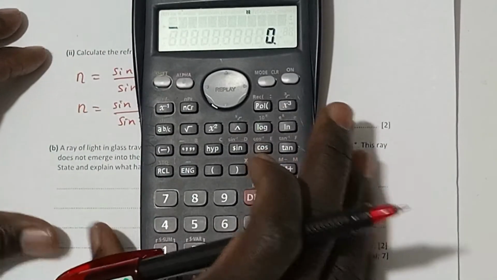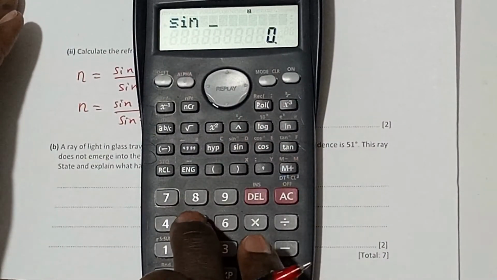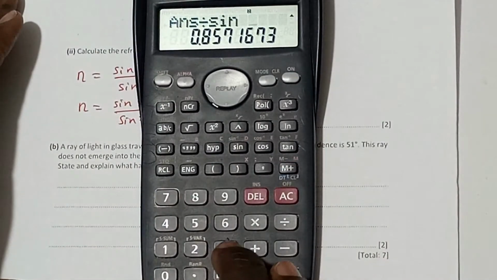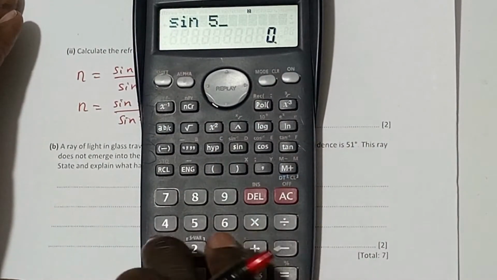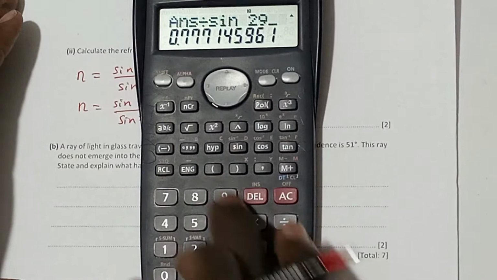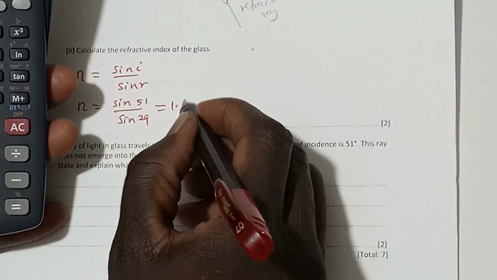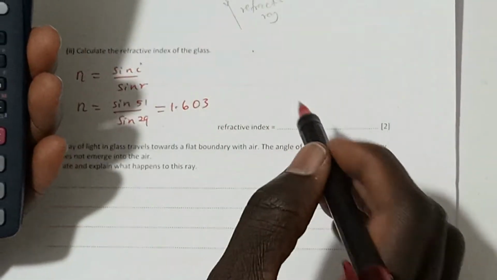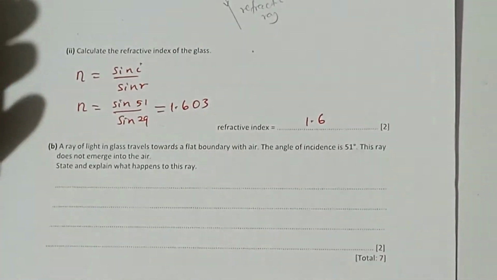So sine 51 is equal to that divided by sine 29. So we get 1.603, which to two significant figures will be 1.6. It is a ratio, so there is no unit.